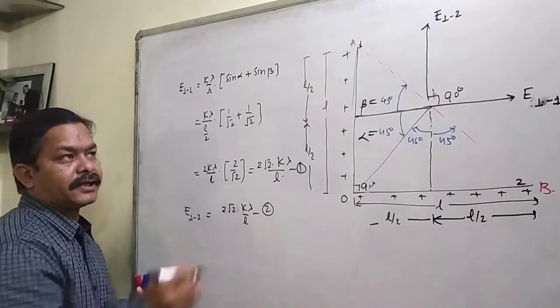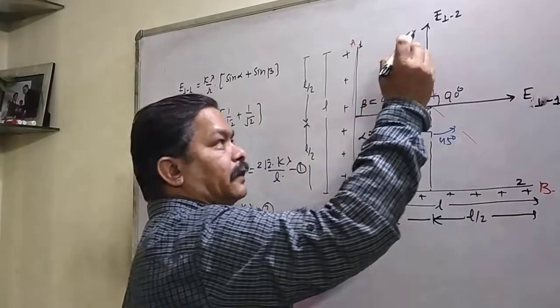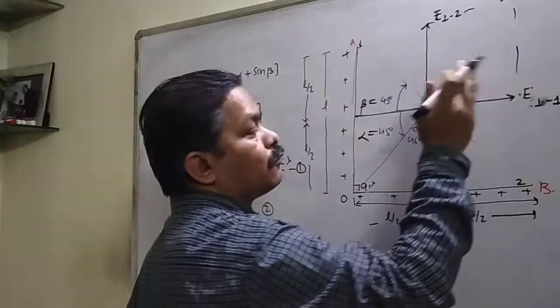Now what is the resultant electric field? The resultant electric field will be the vector addition of these two components.